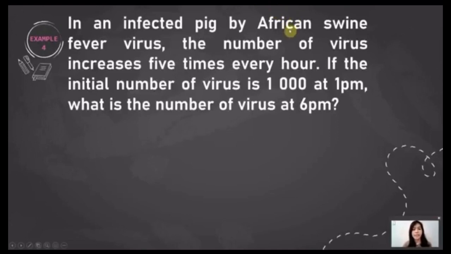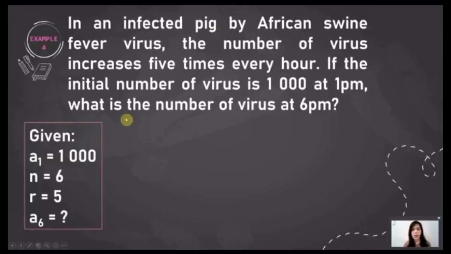In an infected pig by African swine fever virus, the number of virus increases 5 times every hour. If the initial number of virus is 1000 at 1 p.m., what is the number of virus at 6 p.m.? Okay, now here are our given.